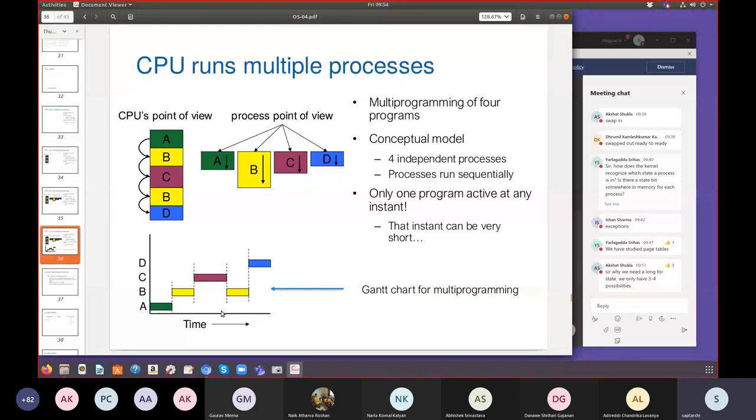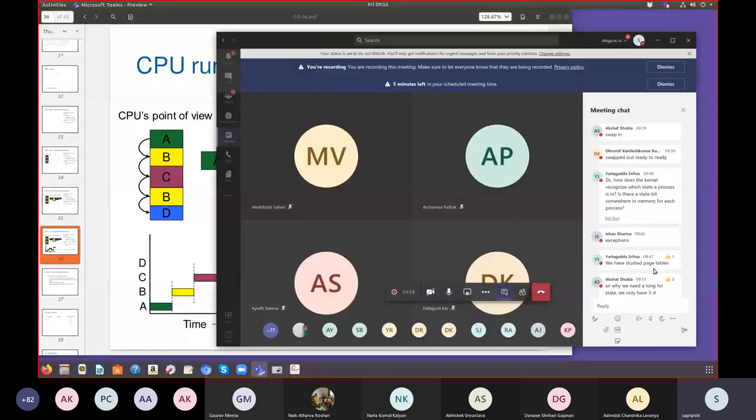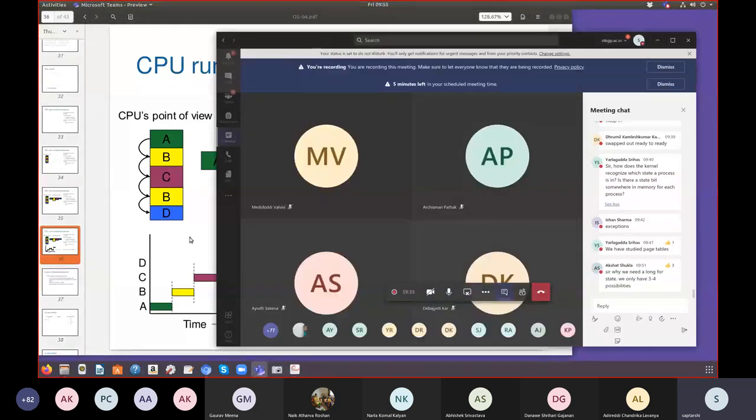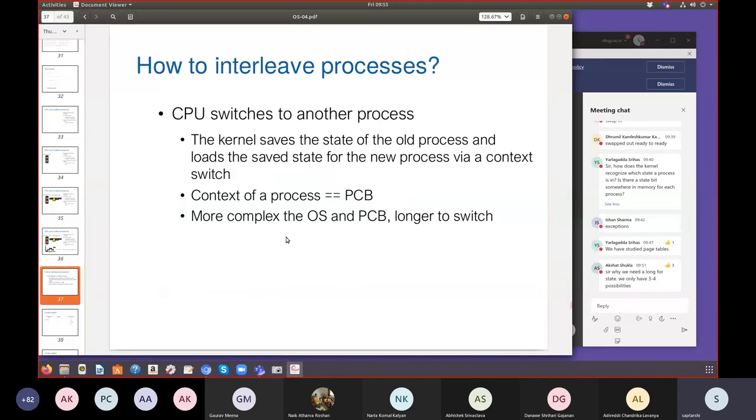The CPU can figure out that at different points of time, different processes are executing, and at one particular time, only one process is executing. But from the perspective of the processes, every process thinks that I am executing sequentially.